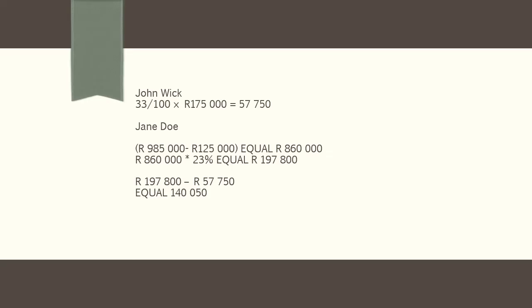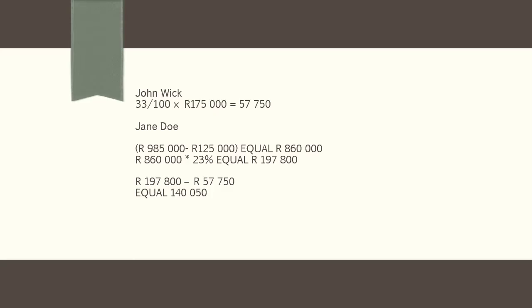140,050 rand. Reason being is because it's more like me owing you 10 rand, and then you owing me 50 rand. Then I'd be like, you know what, instead of you giving me 50 rand, just give me 40 rand. You will be deducting that 10 rand which I am owing you.